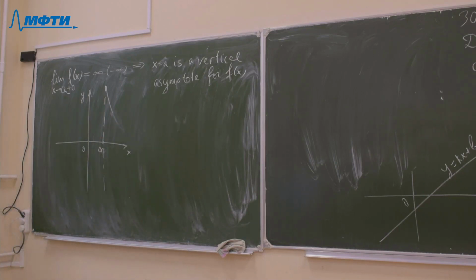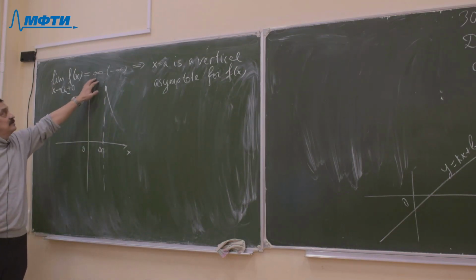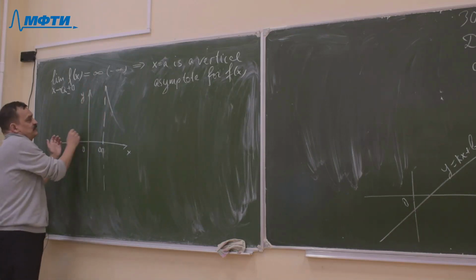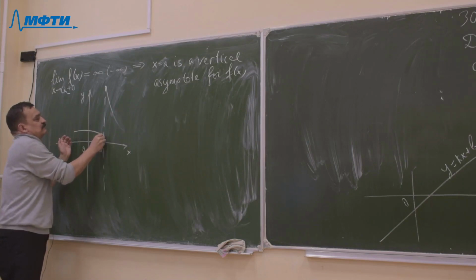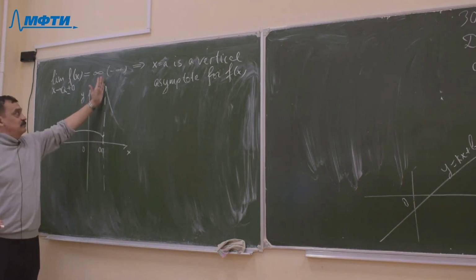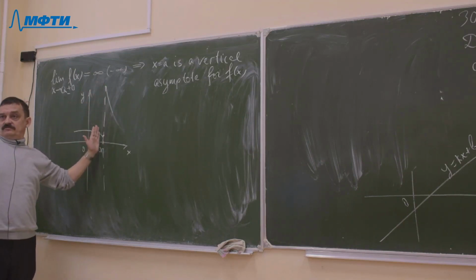And you see that to be a vertical asymptote, it is sufficient to suppose that the limit is infinite just from one side. It may happen that from the other side the graph is like that. Even if the function has a graph like that, still we can say x equals a is a vertical asymptote.